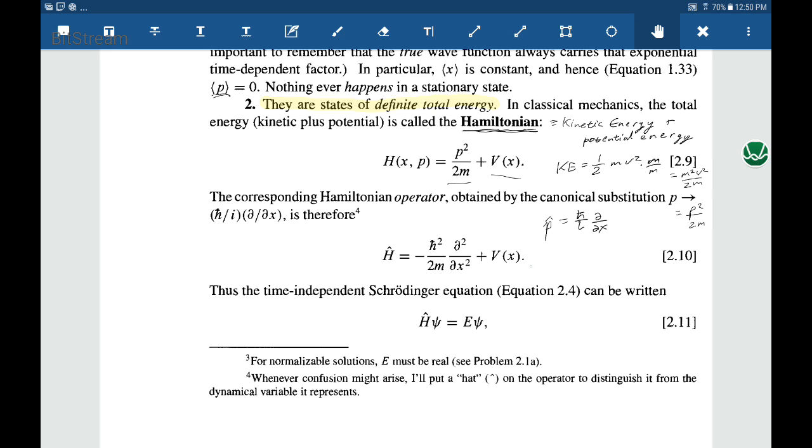So I can write my Hamiltonian as an operator by replacing p with this operator value. Then I get h bar squared over i squared, which is -1, hence the negative sign, over 2m, times d squared dx squared, plus my potential, which is a function of x.